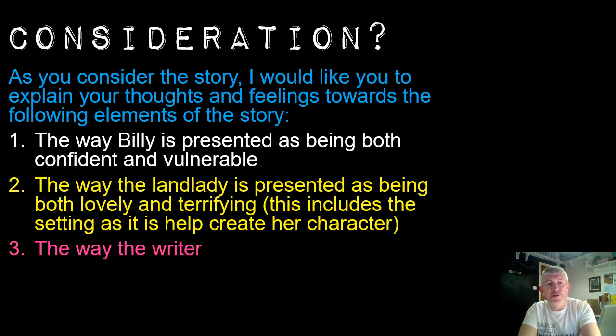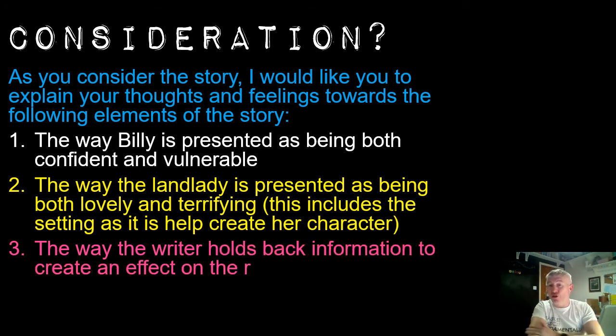The third focus is about the structure, in particular the way the writer is holding back information so the reader doesn't get everything all at once. In many respects, we don't actually get everything at all. There's a whole bit of the story missing.